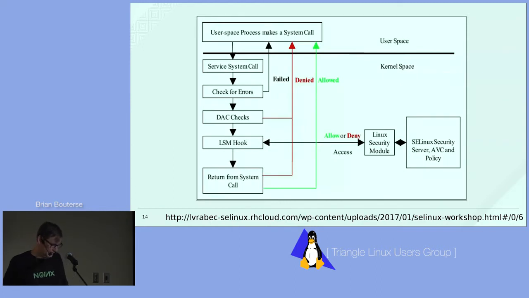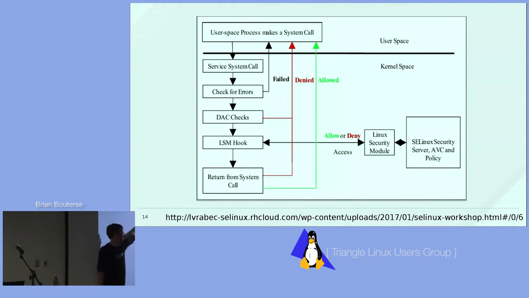So here, I'm going to step over here a little bit. This is all user space up here at the top, and when you perform an operation, it'll call into the system call, so down into the kernel space, which is below this black line. And it'll check if any errors have occurred, so it'll exit.